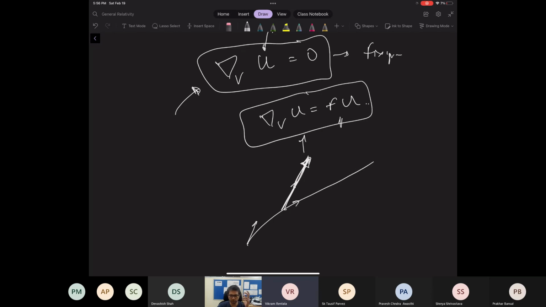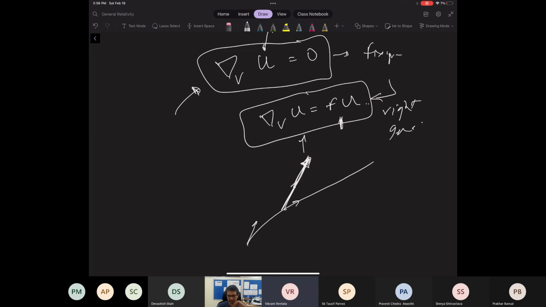Sorry, what is the correct statement? No, sorry. The correct statement is this. This is the right generalization of parallel transport. This is a coordinate independent statement.